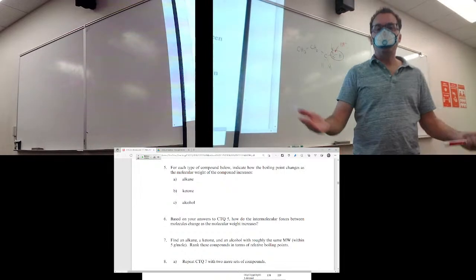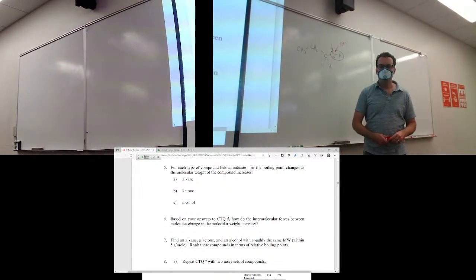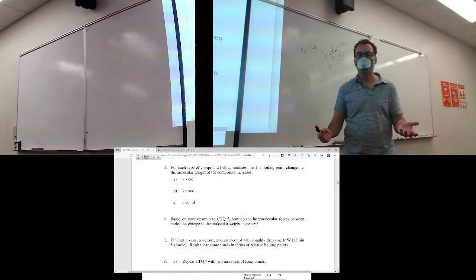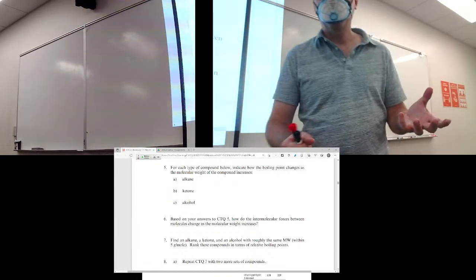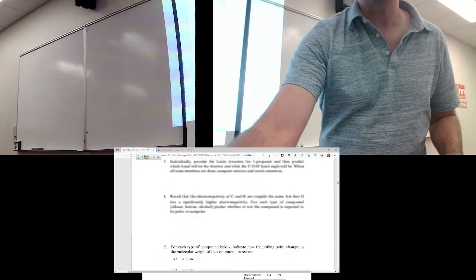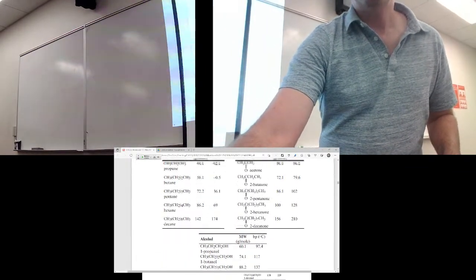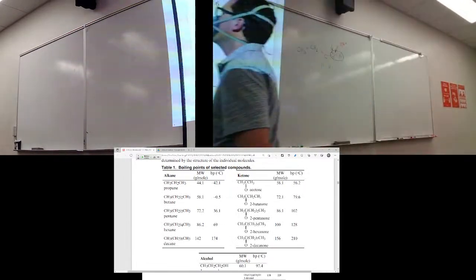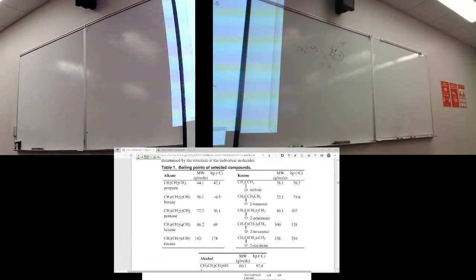So what does that mean about intermolecular forces? How do the intermolecular forces between the molecules change as the molecular weight increases? Well, we look at each one of these as its own category. For alkanes, as you increase the molecular weight, the boiling point increases.